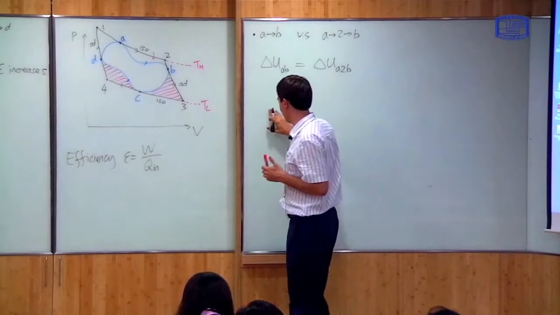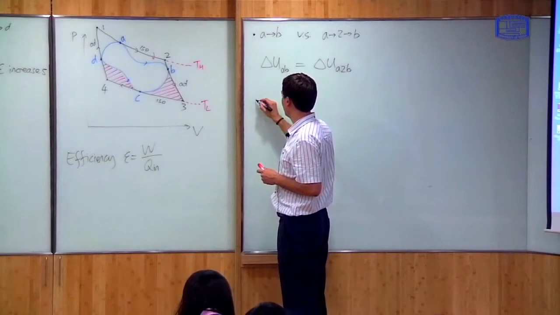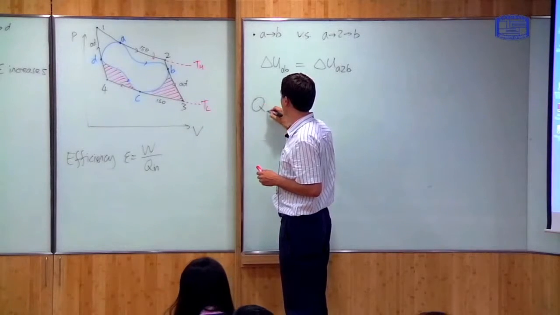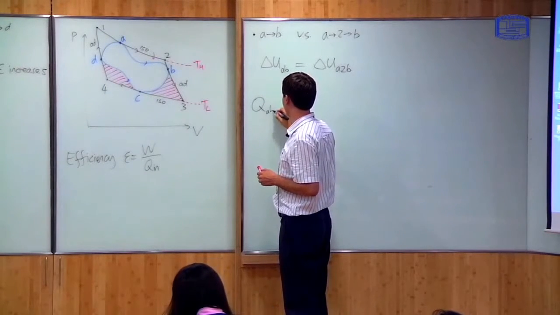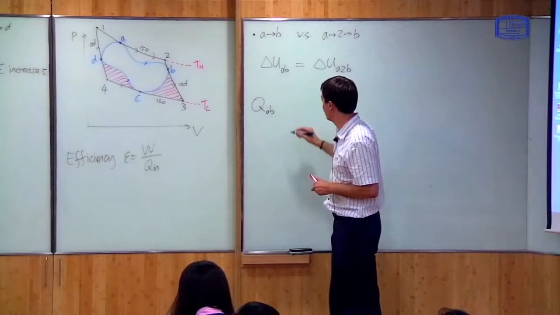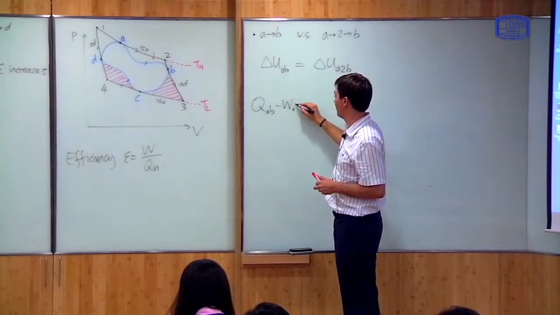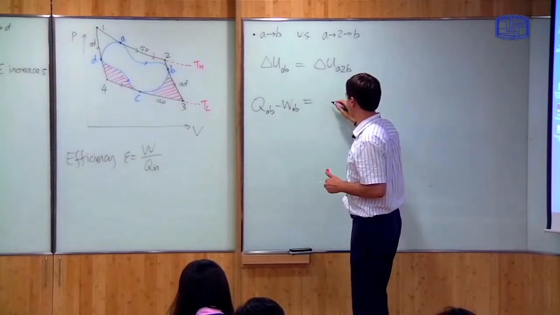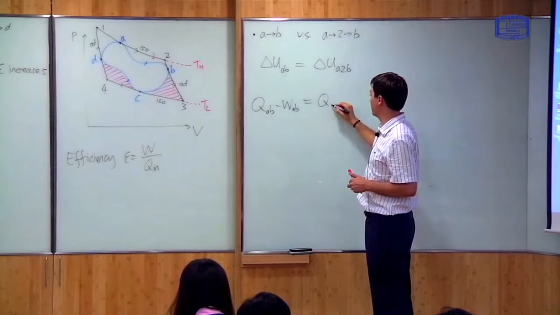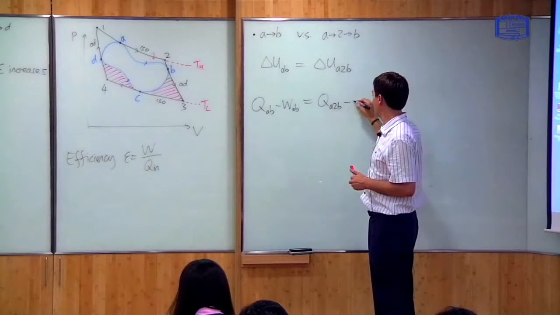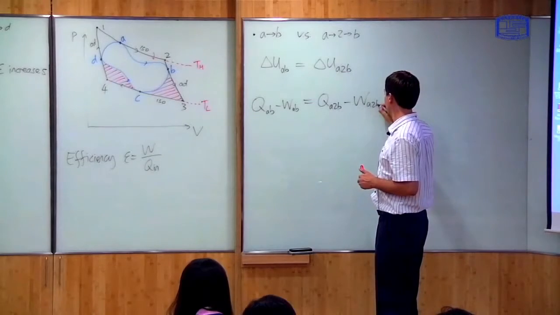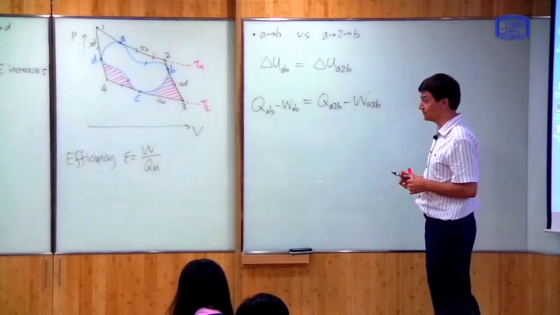And the first law of thermodynamics tells you that this is Q from A to B, the net heat transferred, minus the work done from A to B. And this should be equal to Q A2B along this path minus the work along this path.